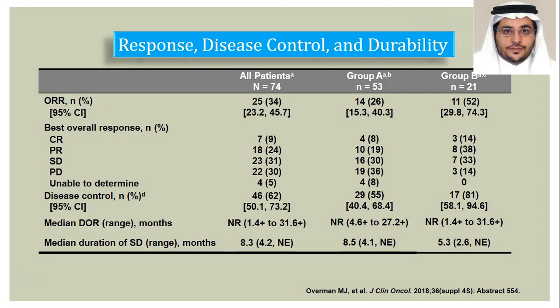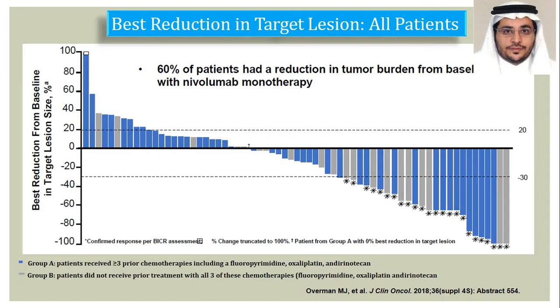Again, those are patients who received third and fourth line of treatment, and the stability of disease is 8.3, 8.5. Although the response was 52%, it does not reflect in the overall survival, with a median duration of stable disease of 5.3.